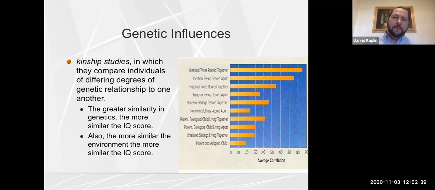So what I like about kinship studies is that it tells the story of both nature and nurture. So when someone says IQ is inherited exclusively, right? So eugenicists believe this. It's wrong. So the first data point that demonstrates that both nature and nurture come together are kinship studies.